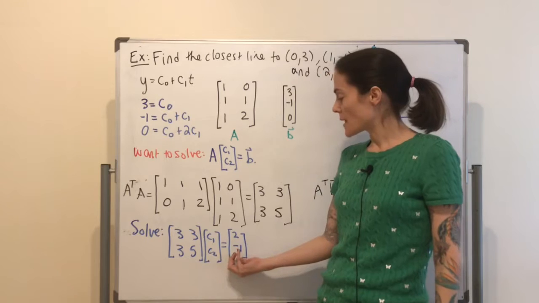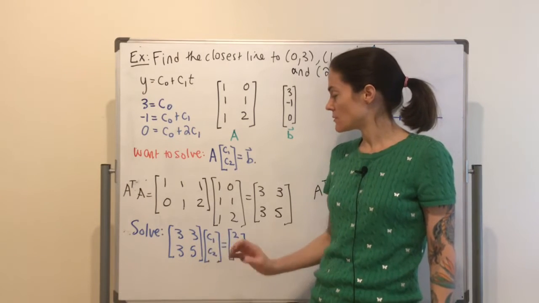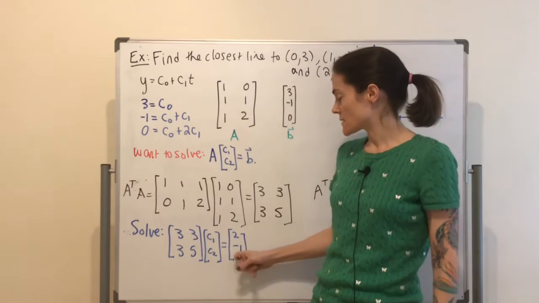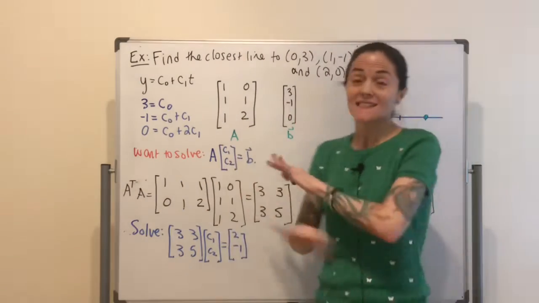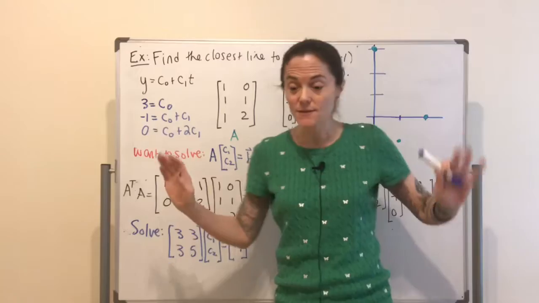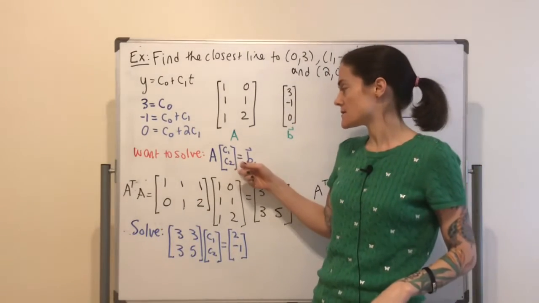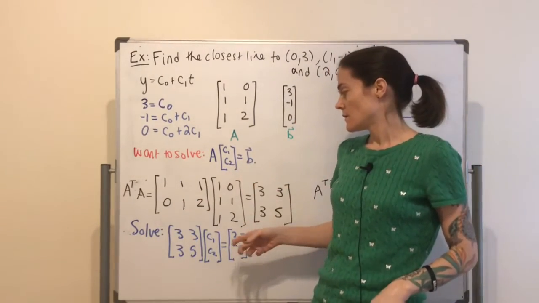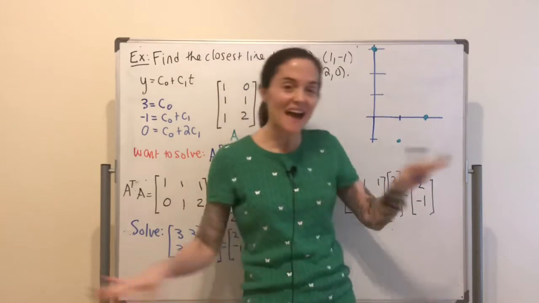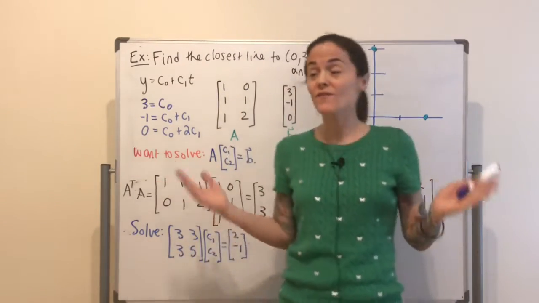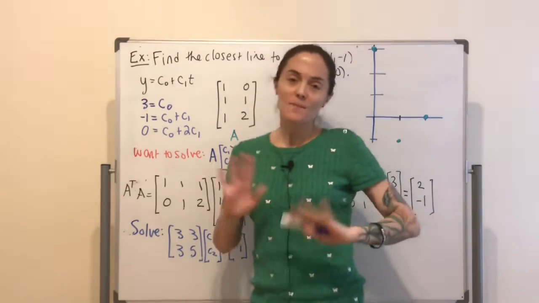And then multiply, you will have C1, C2 is the inverse of this matrix times this vector. Now, of course, that is not an actual solution to this because, well, look at the picture. These points do not lie on a line. But what we will find is it's the best fit line.